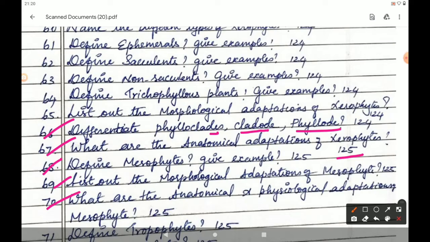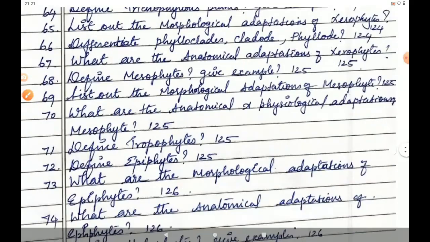Mesophyll is well differentiated into palisade and spongy parenchyma. Vascular and mechanical tissues are fairly developed. All physiological processes are normal. Wilting takes place at room temperature. Close the bracket. The next question is question number 71.